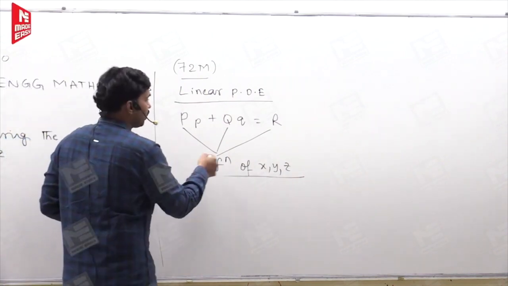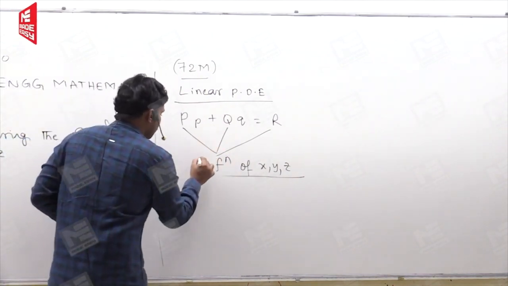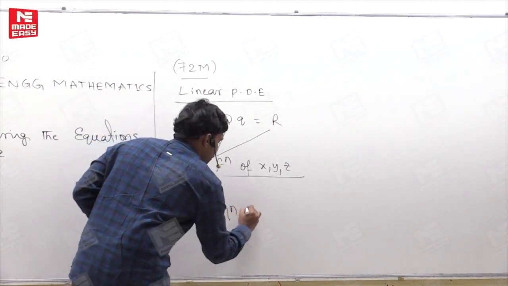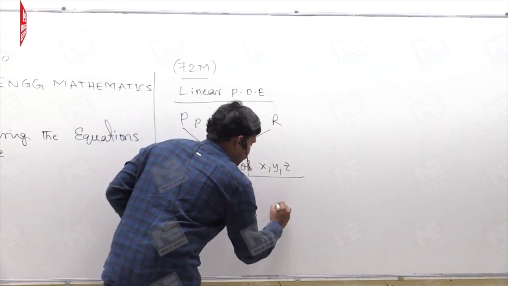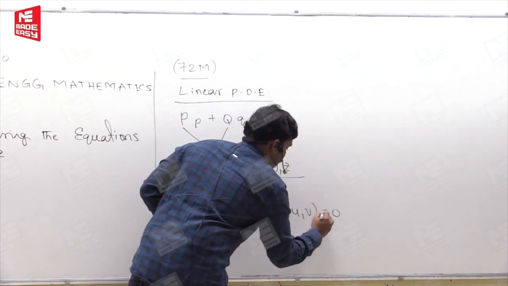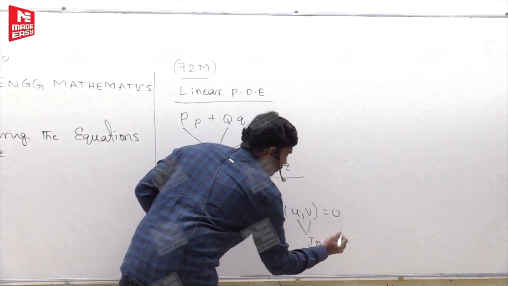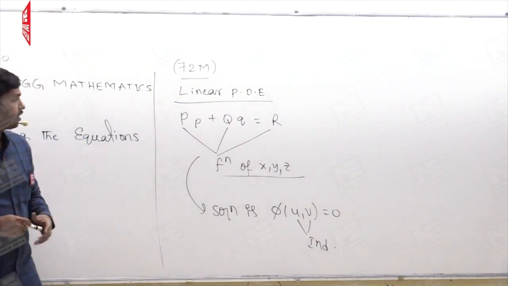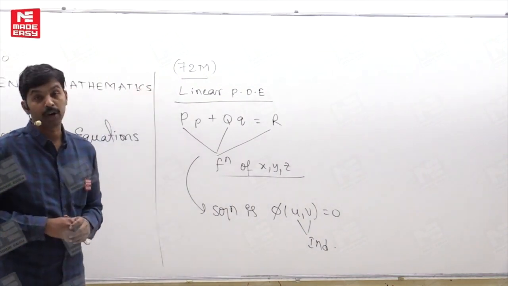If you solve this differential equation, the solution is going to be phi(u, v) = 0, where these two are the independent solutions. This is what we know.